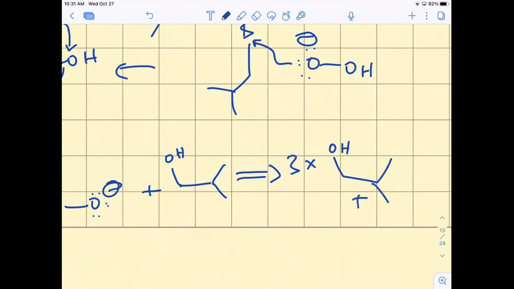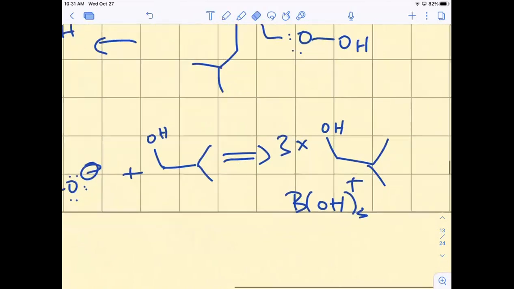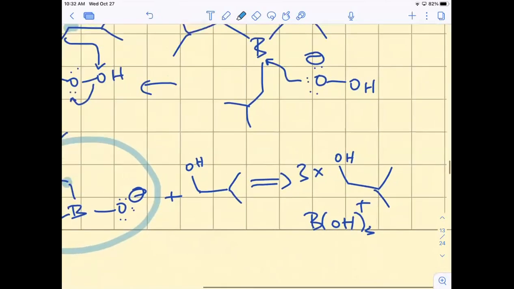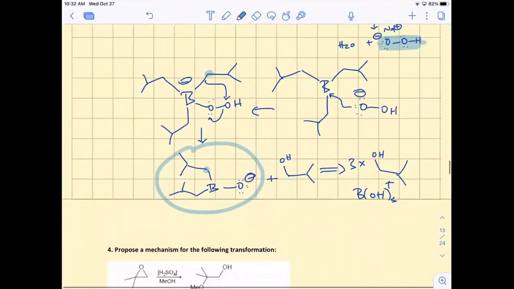plus B(OH)3, right? Because you can see from here, when I attack that 3 different times with that peroxide, eventually it's going to kick off 3 alcohols.